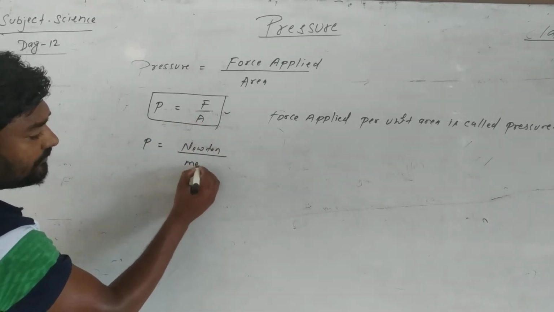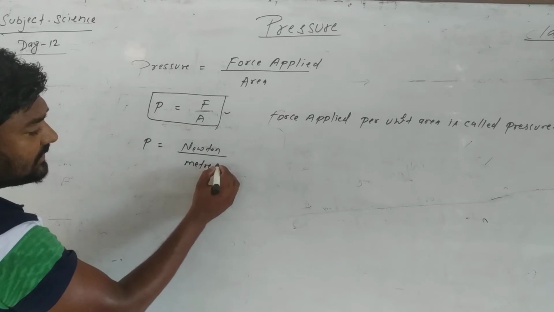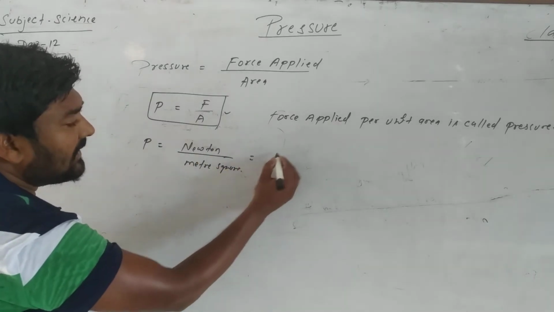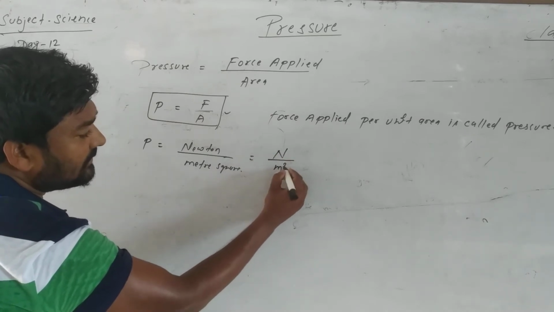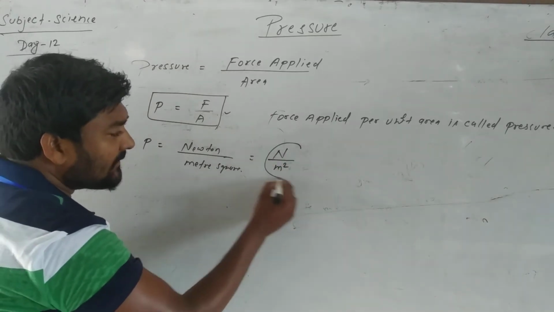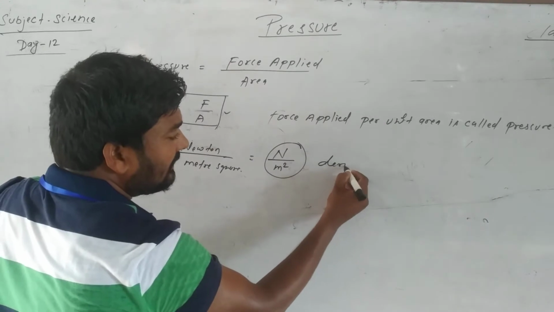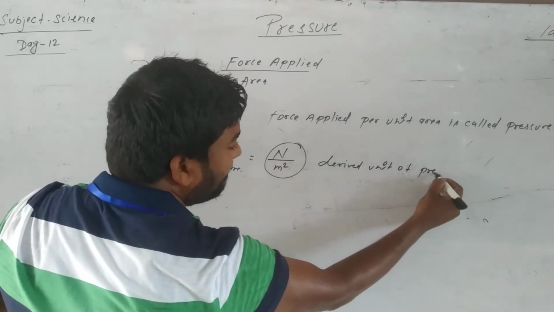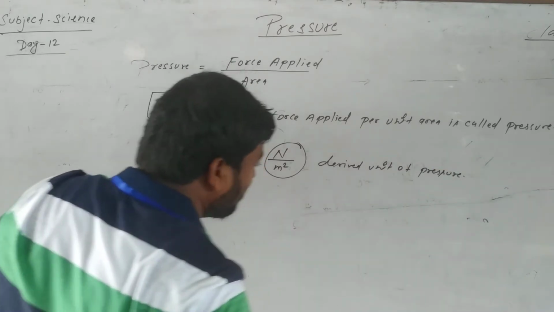Area? Meter square. So we can say here the unit is Newton per meter square. This is the derived unit of pressure.